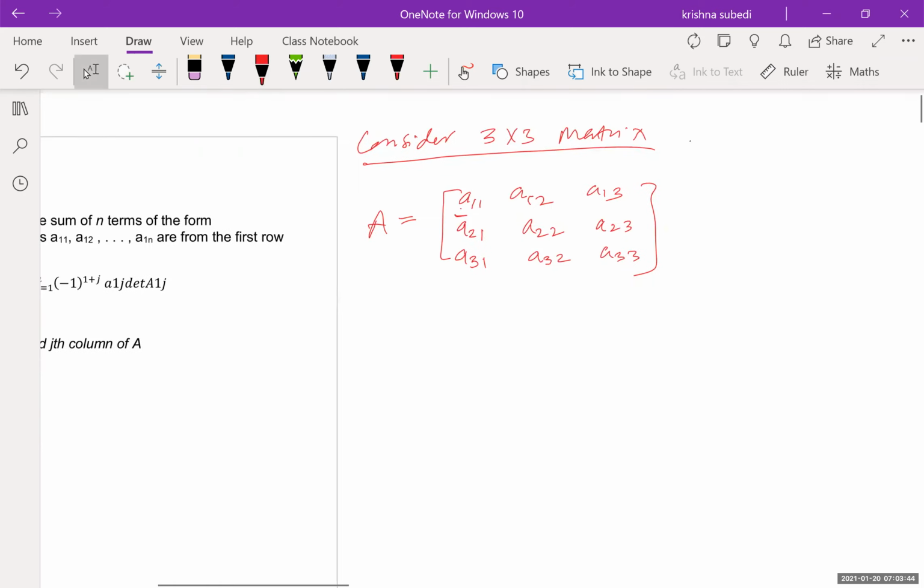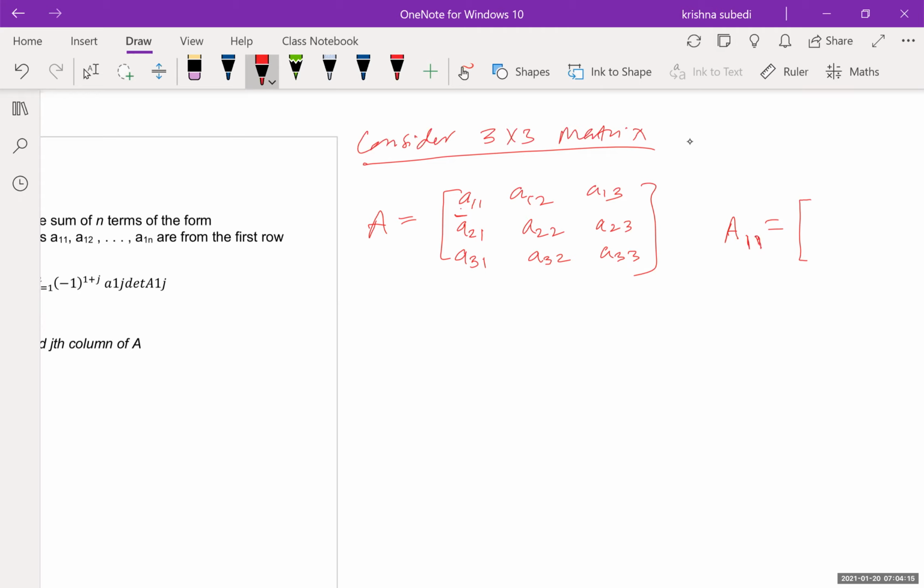And if I write capital A_11, what does that mean? First row, first column. What it means is you ignore the first row and first column, and whatever is remaining, that is denoted by the capital letter A_11.